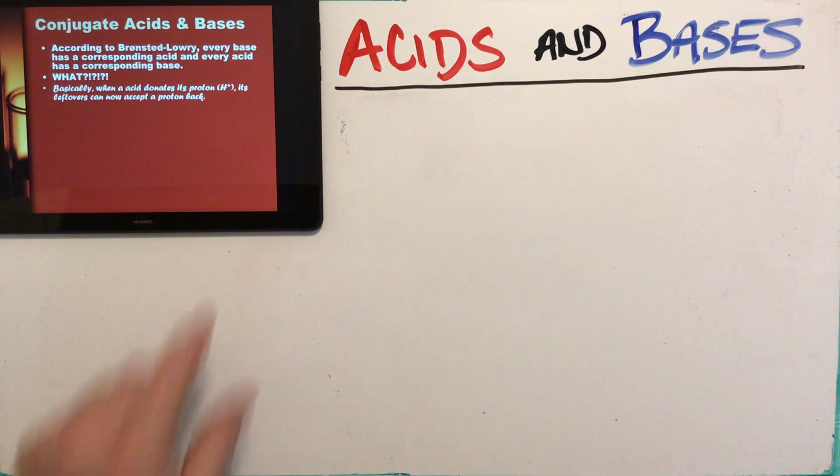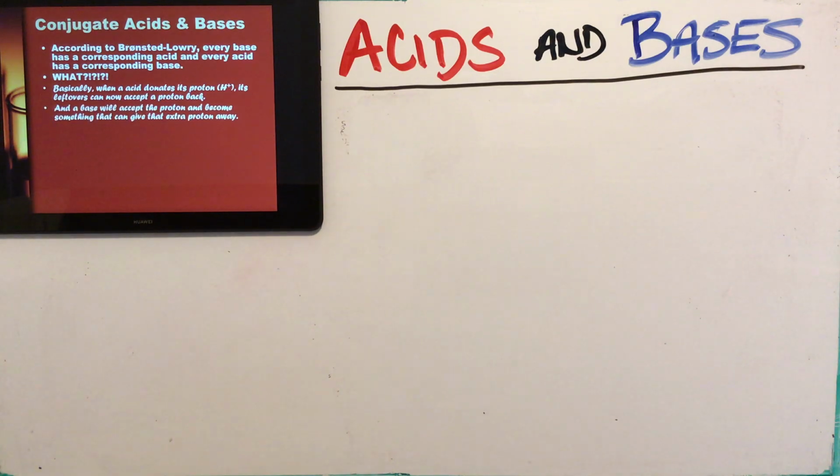And a base, right? The base will accept the proton, but it's always capable of giving the proton back. So the acid gives off the proton, but can then take it back and accept it. It's capable of taking it back, which makes it kind of like a base.